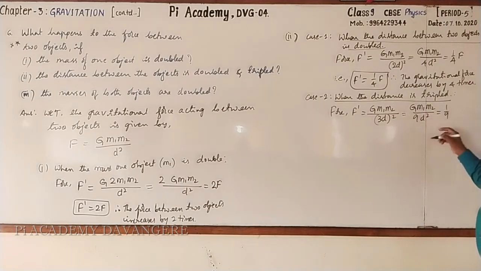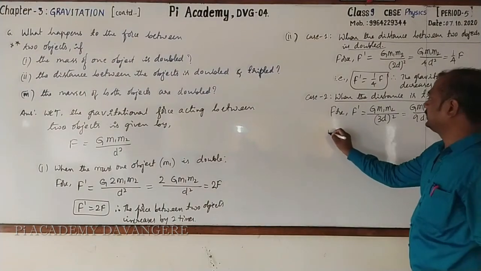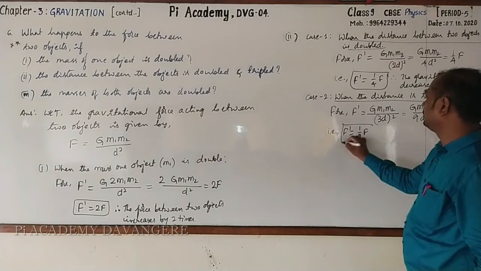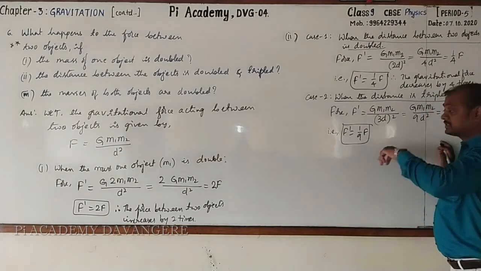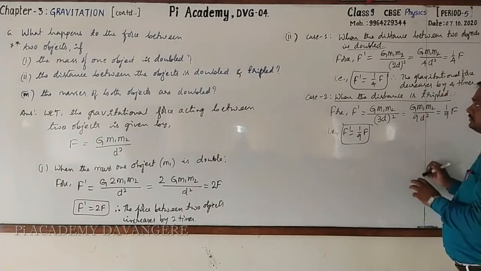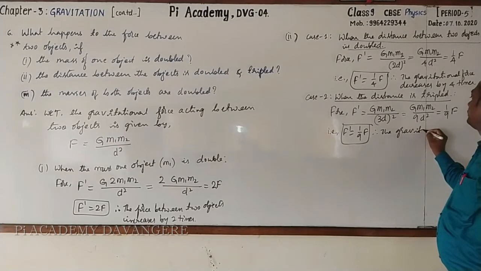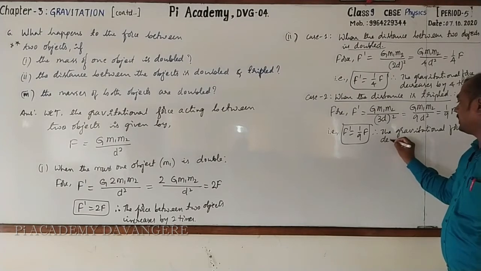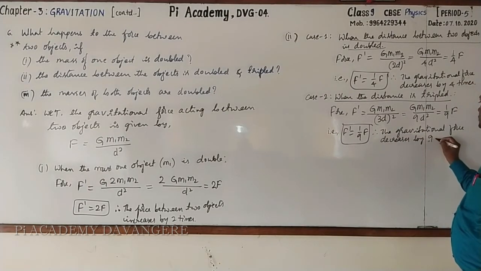So 1 by 9 into G M1 M2 by D square, which is F. Now we can write F dash is equal to 1 by 9 into F. That means the new force is 9 times less than the original force. Therefore, the gravitational force decreases by 9 times.